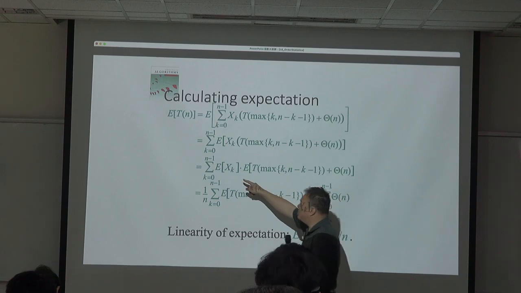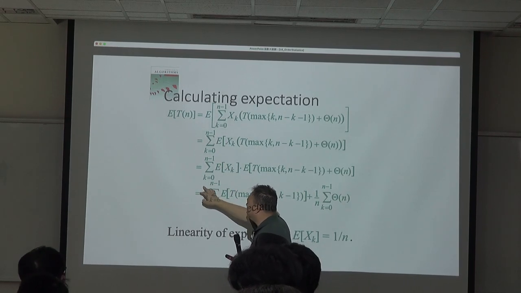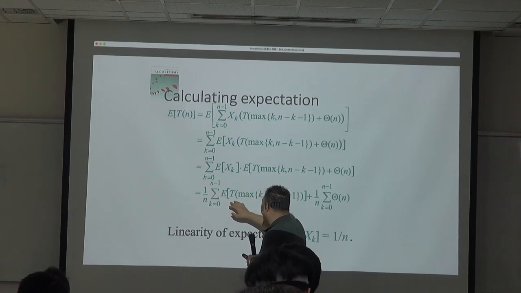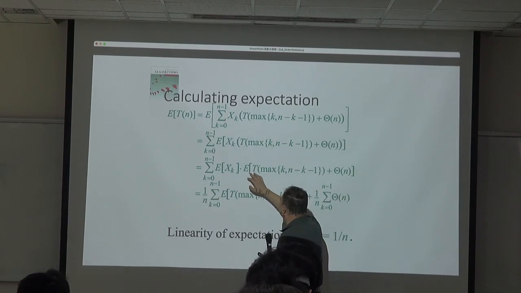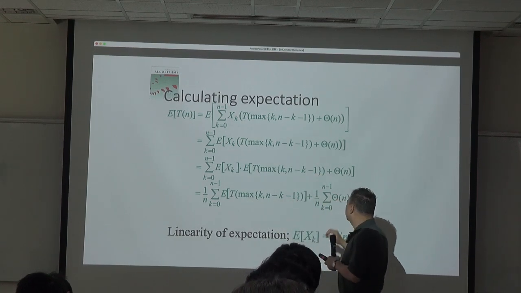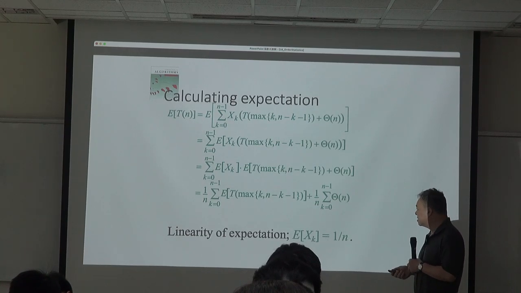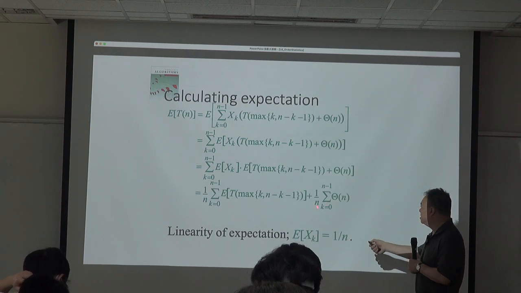So this thing will be 1 over n, and because it is 1 over n, you can put it here. And you apply E in this term and this term separately. So 1 over n here, 1 over n here.